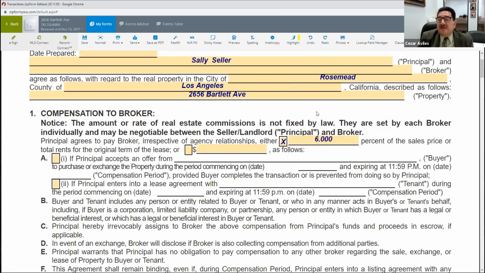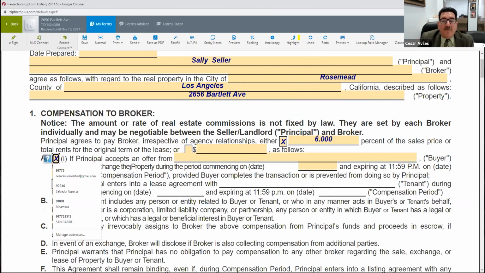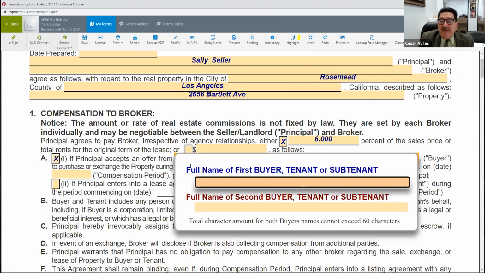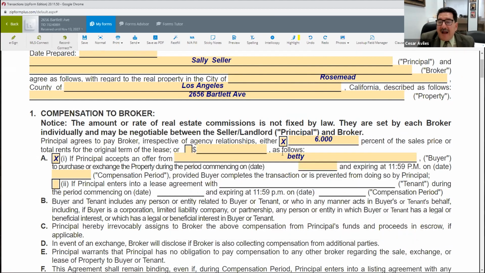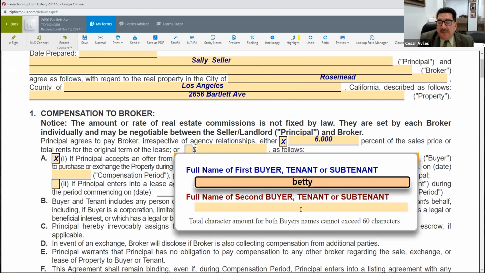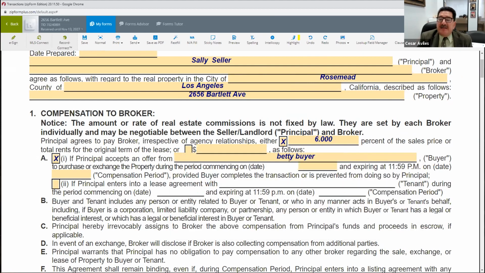I try for 6% all the time. And then you put that if the principal accepts an offer from, and I name my buyer, Betty, if Betty, whom I am showing the property to, buys the property, I get paid my 6%.